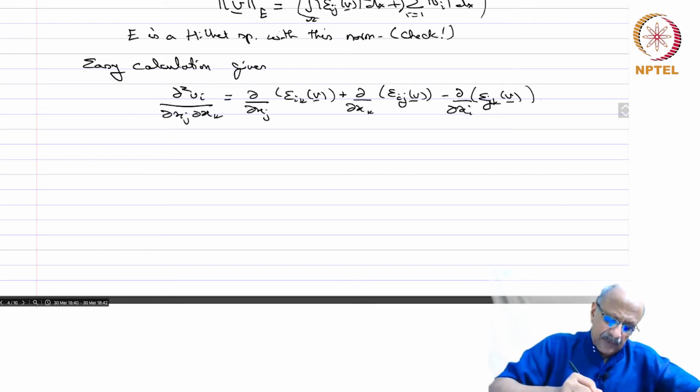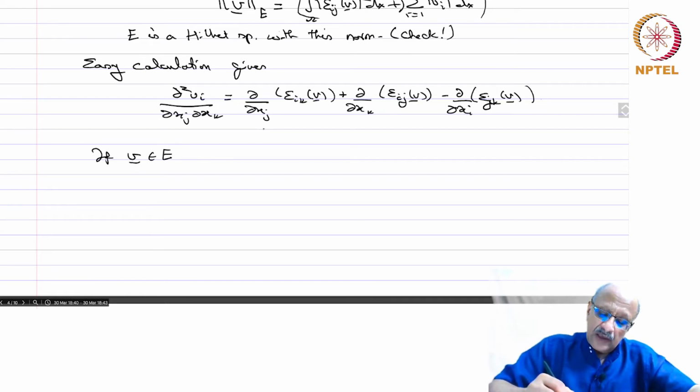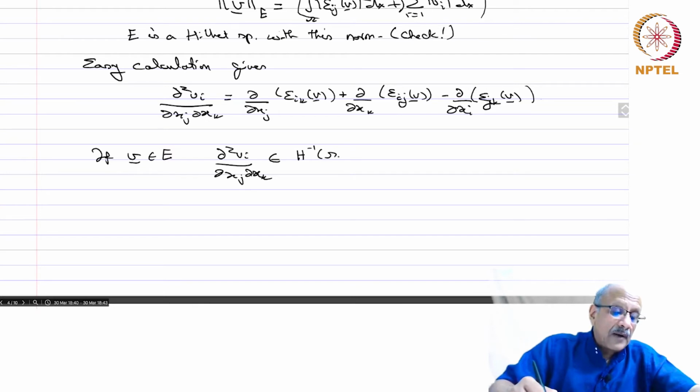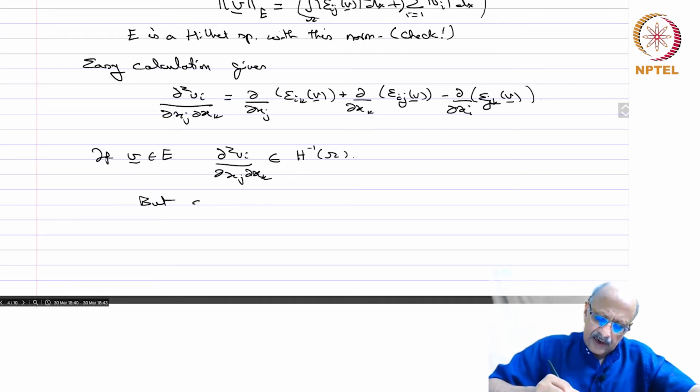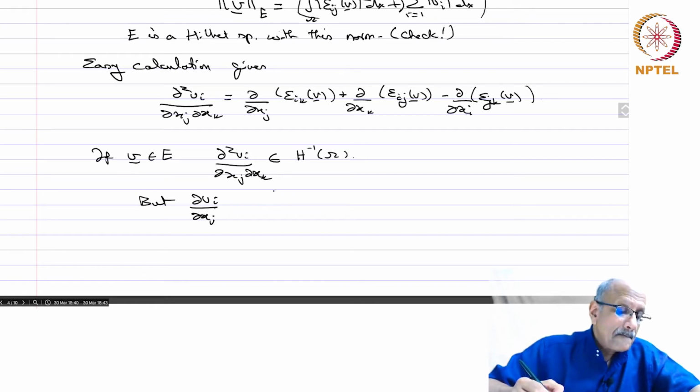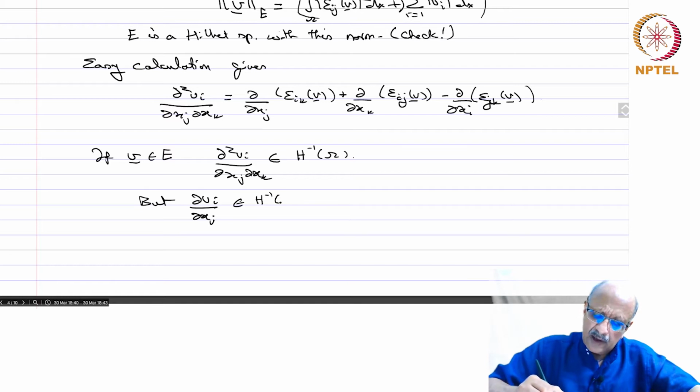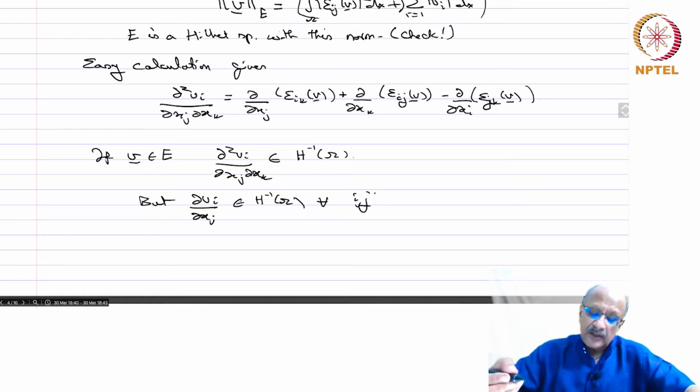So if v belongs to E, then what can you say? Each of these is in L2, you are taking the first derivatives, therefore d2vi by dxj dxk all belong to H minus 1 of Omega. But dvi by dxj is also in H minus 1 of Omega for all i, j, because vi is in L2, take the first derivatives.